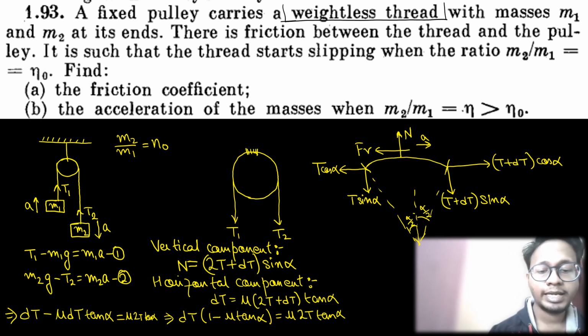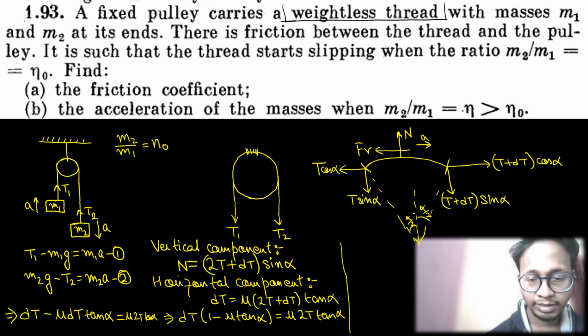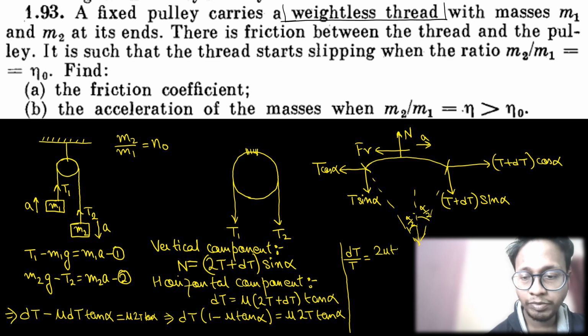Now I'm taking T to the left hand side and (1 minus mu tan alpha) to the right hand side. So dT by T is equal to 2 mu tan alpha by (1 minus mu tan alpha).